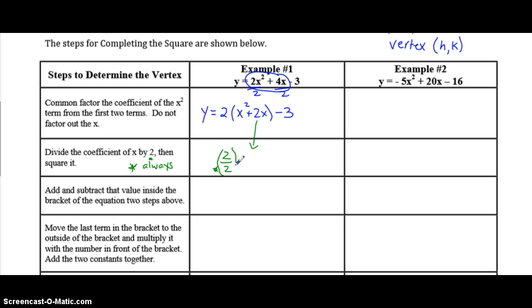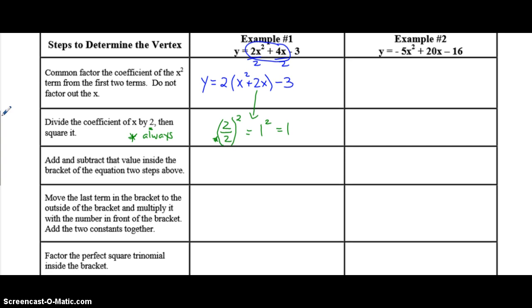And then what we're going to do is we're going to square the number. So 2 divided by 2 is 1, and then 1 squared is equal to 1. After we've gone through the first example, I'll go through why we're doing each step.